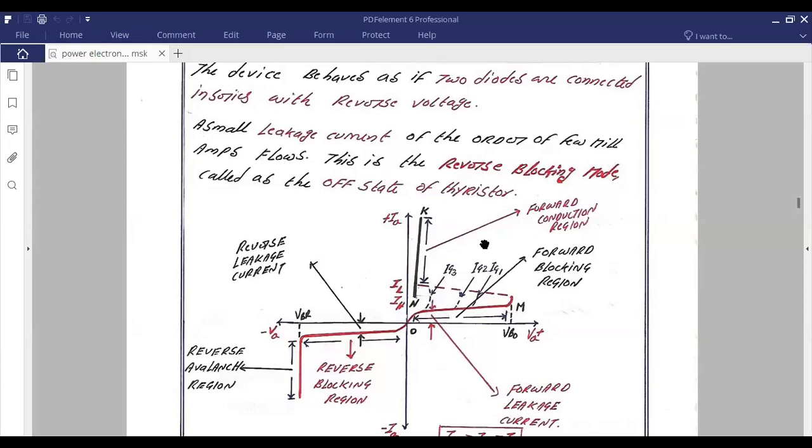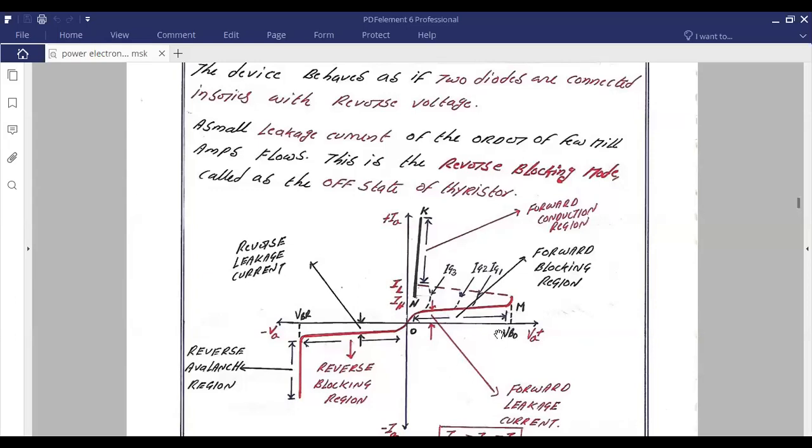From this we can conclude that whenever the gate current magnitude is higher, the forward voltage required by the device reduces. So the gate current has an inverse relation with the forward voltage.